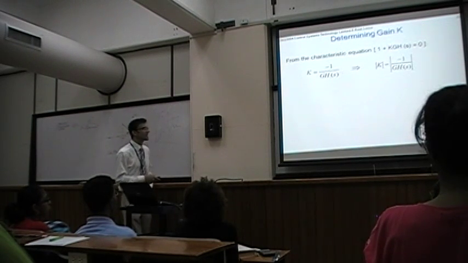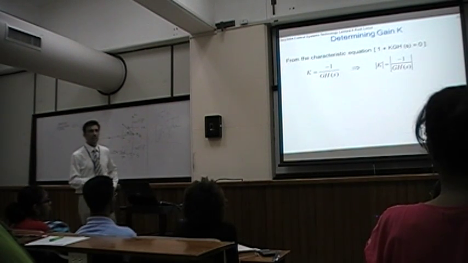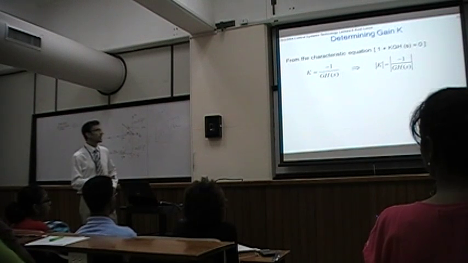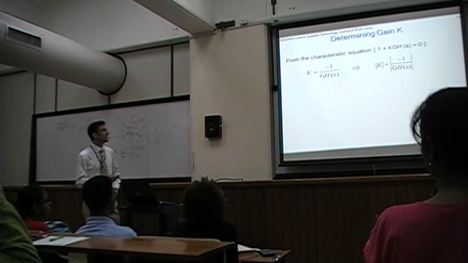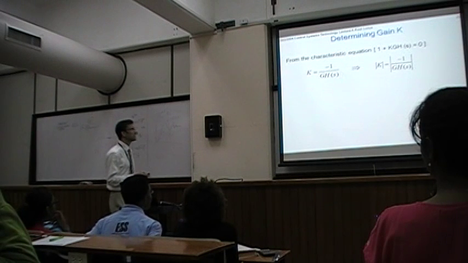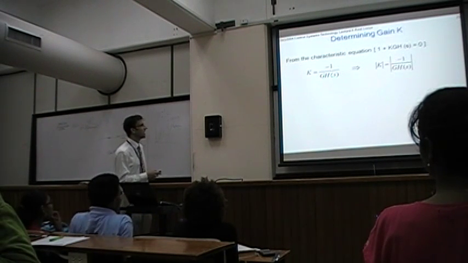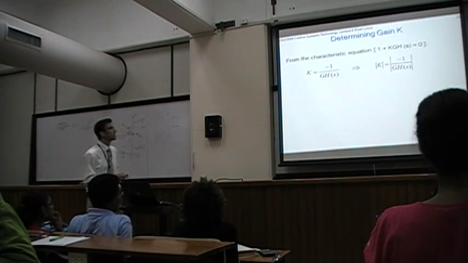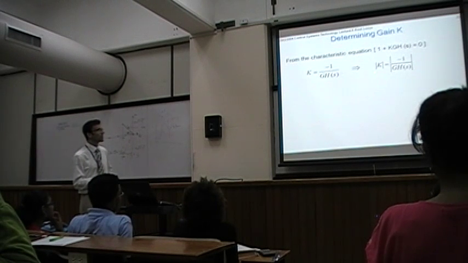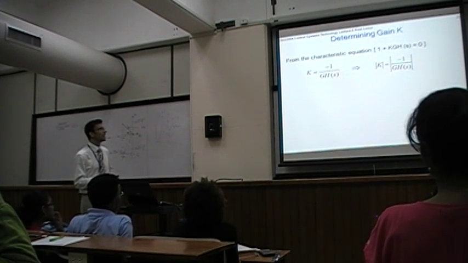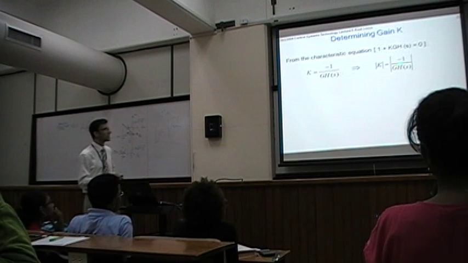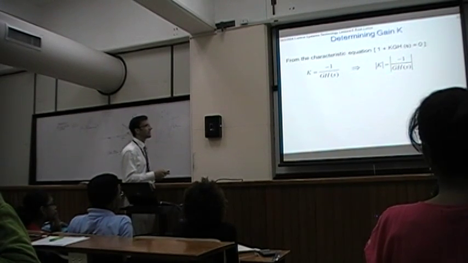We can rearrange it to give ourselves an expression for k. In this case, k equals 1 upon gh, minus 1 upon gh. So the modulus of k is the modulus of minus 1 upon gh.